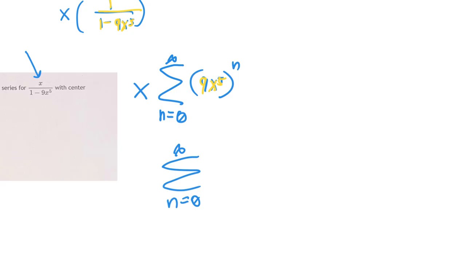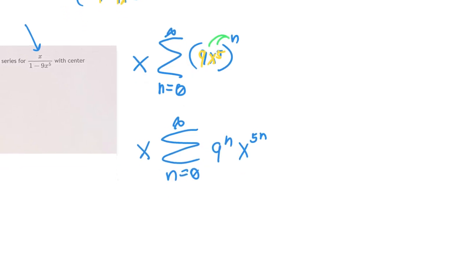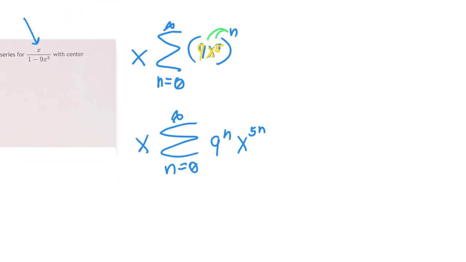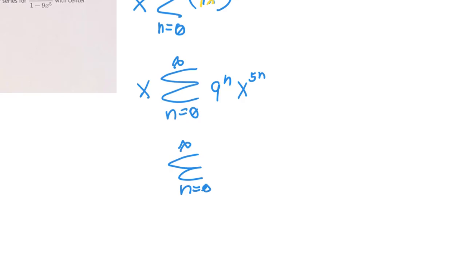So what happens when you do that? So this would become, let's leave it out for now. I'm going to go ahead and apply this right now, though. So we have 9 to the n, x to the 5n, and then multiplying everything by x now. Hopefully my student watching recognizes that this is going to be 9 to the n and x to the 5n plus 1.